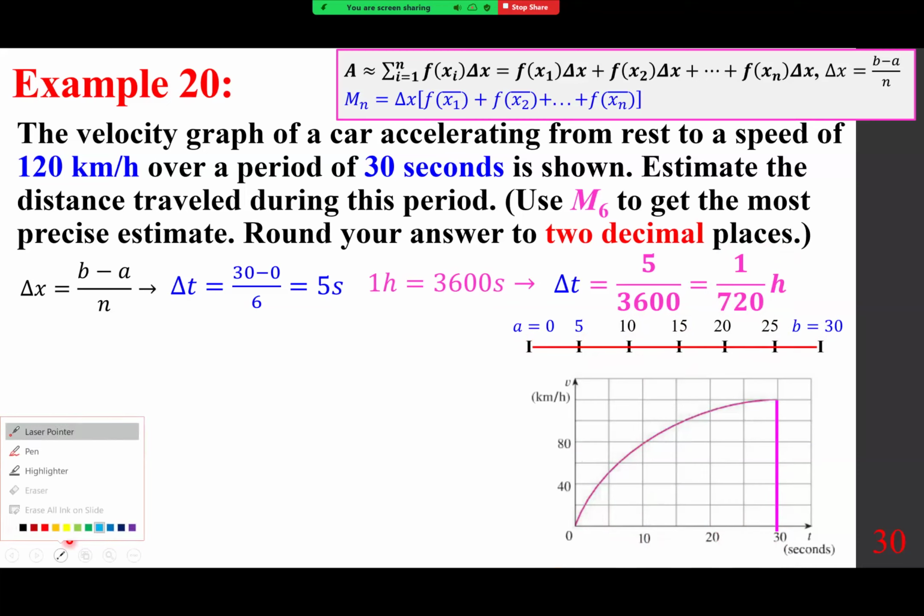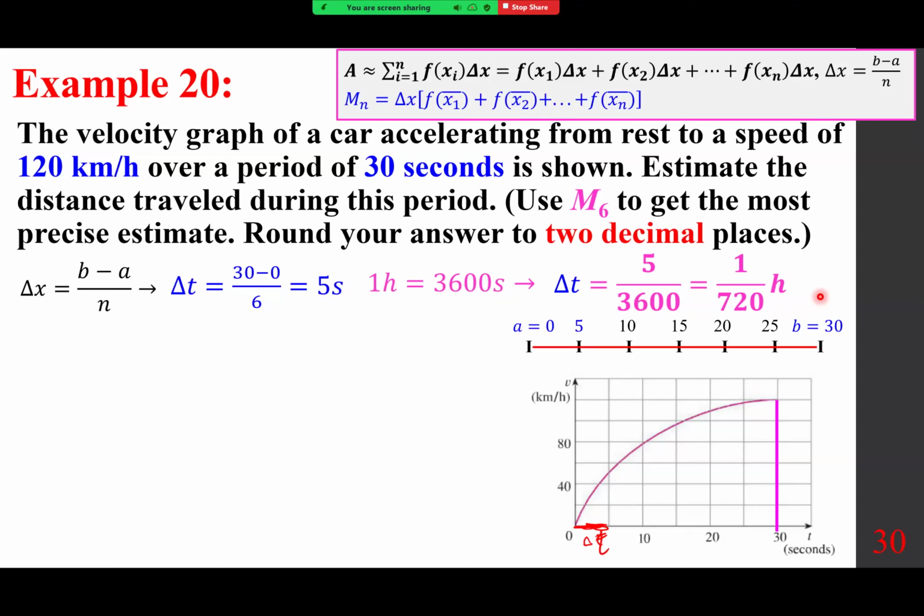Or delta t, because it's t. Delta t is 5 seconds. With proper units, 1 over 720 hours.